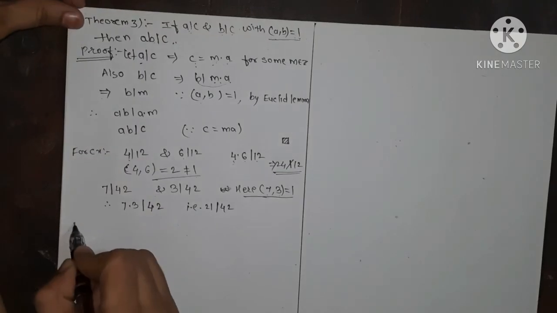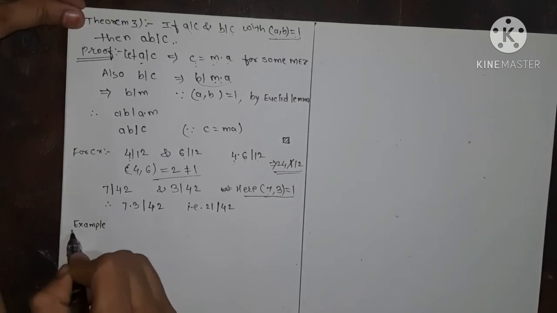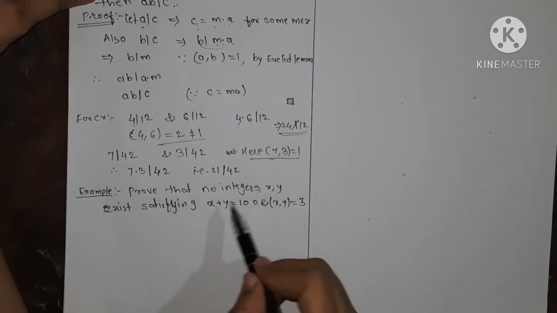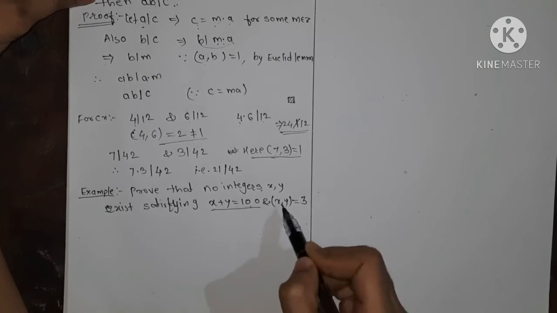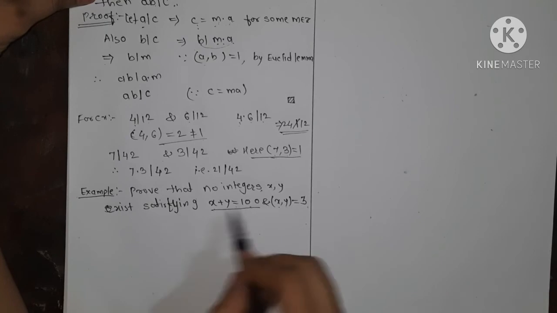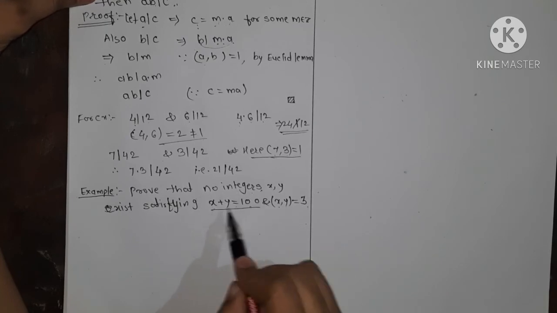Now we take another example. Here we have to prove that no pair x comma y exists such that x plus y equals 100 and the GCD of x comma y equals 3. To prove this by the method of contradiction, we assume that there exists a pair which satisfies these two equations.